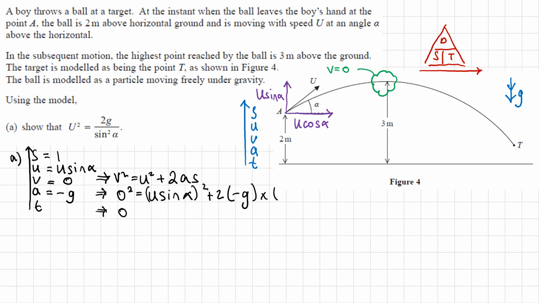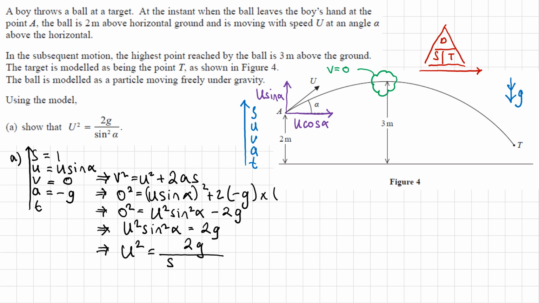So then we have 0 squared is equal to u squared sine squared alpha minus 2g. We can rearrange it to get u squared sine squared alpha is equal to 2g, and then finally u squared is equal to 2g over sine squared alpha as required.